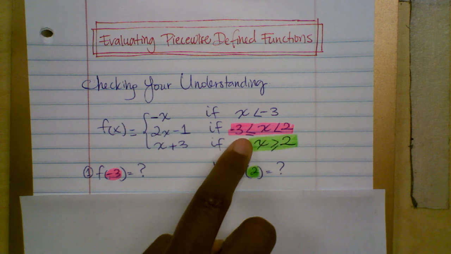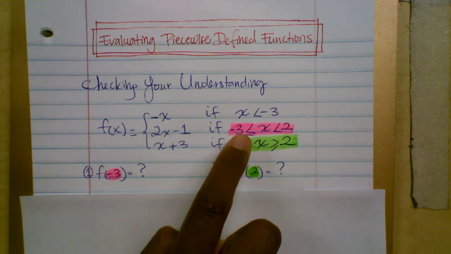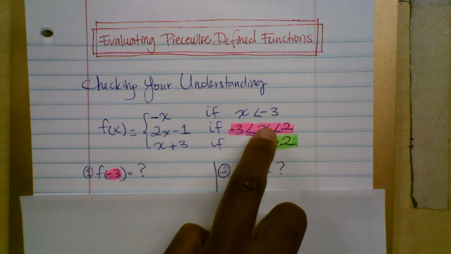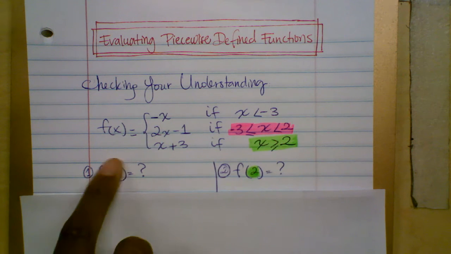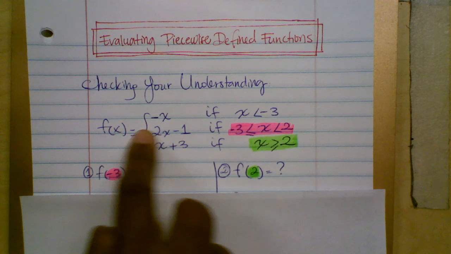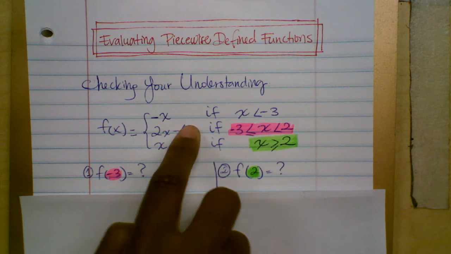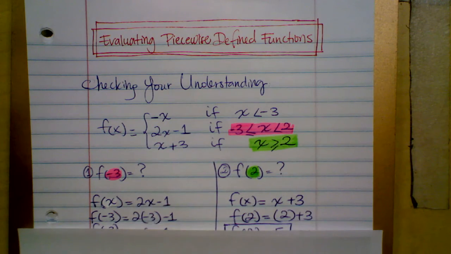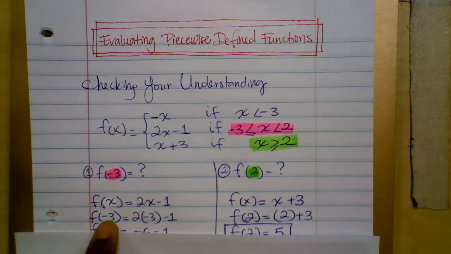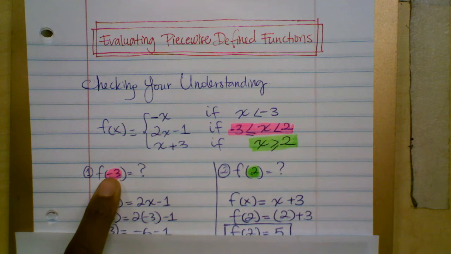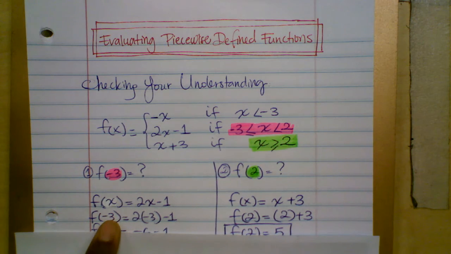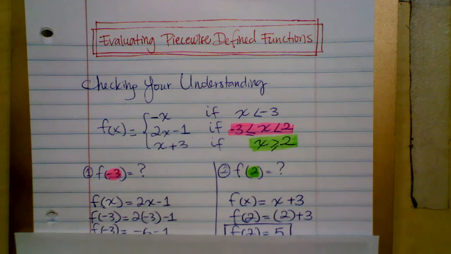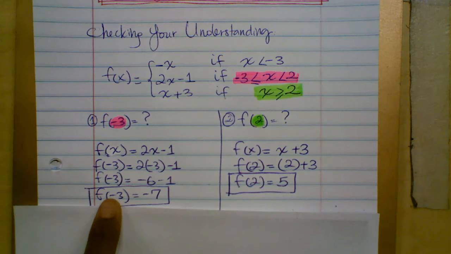Because there's a line under the inequality, -3 can be equal to itself, so that's why I'm choosing it. Step 2, I use the corresponding function, which is 2x minus 1. Then I replace x with -3, and I get that f of -3 is -7.